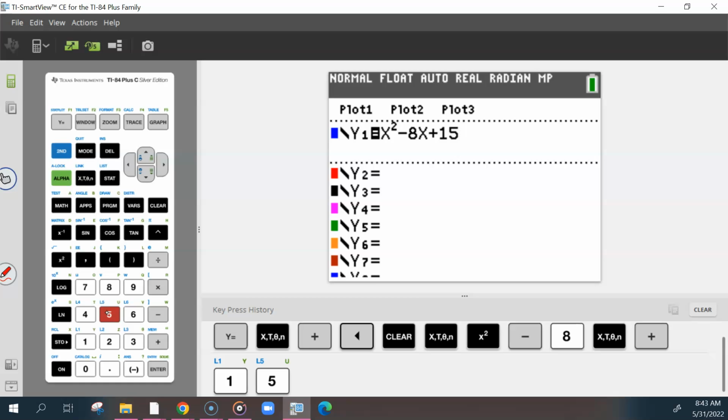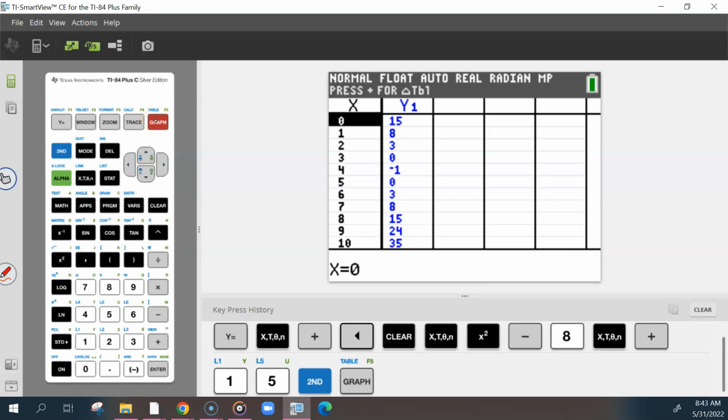And then I'm going to go into my table, second graph, and I'm going to look for when x is 4. My y value is -1. So I'm going to take that, write that down for my vertex, and write that in my table.